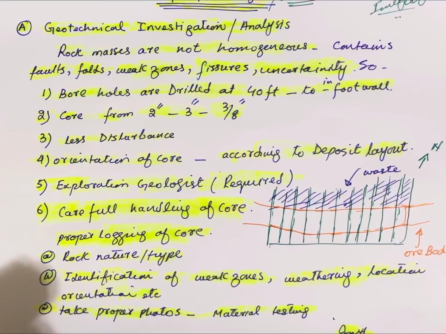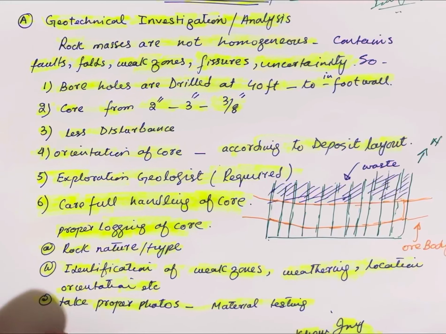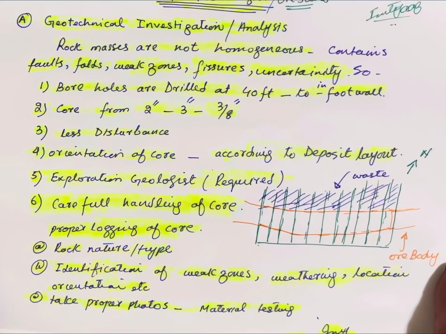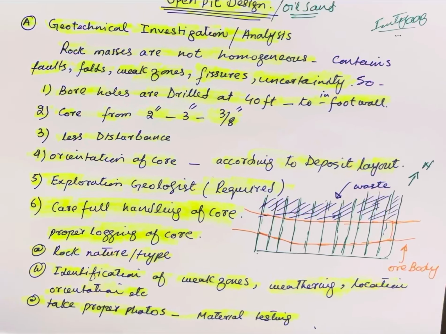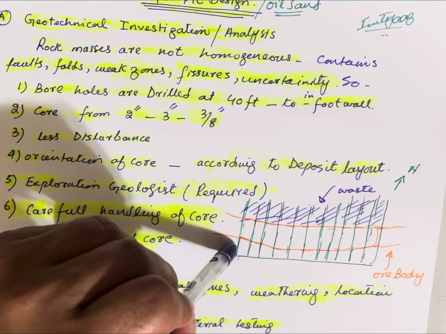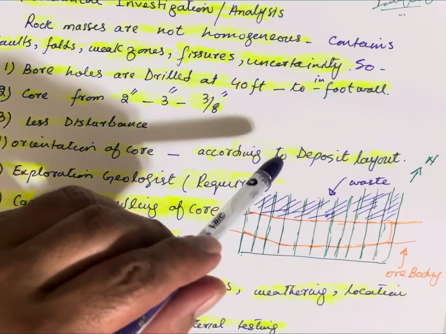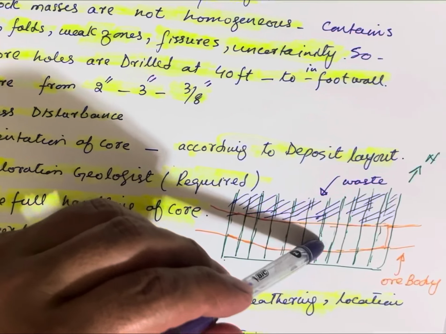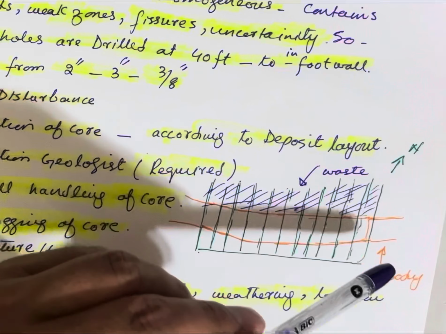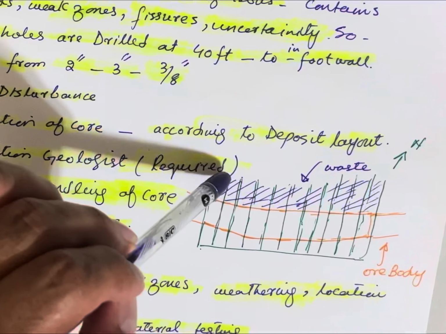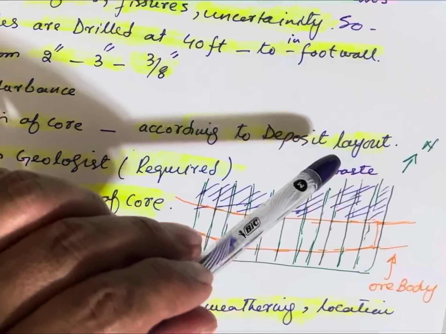Rocks are not homogeneous. Soil, you can say, is homogeneous in nature, with only the cementing material, clay, there. This is a typical example. Let's say this brown line is an ore body, and the upper line, in pink, is called waste.